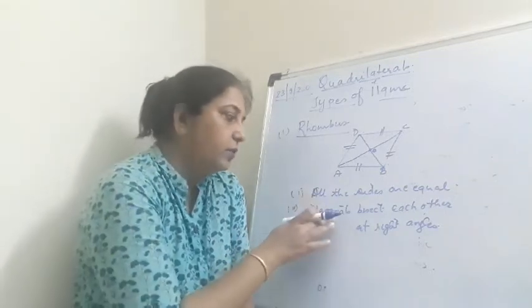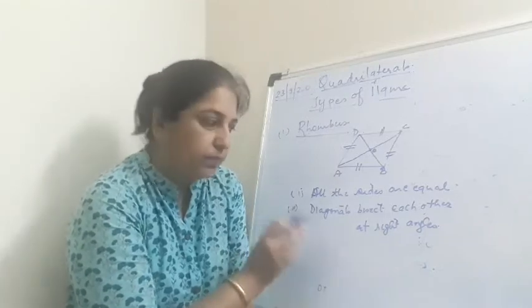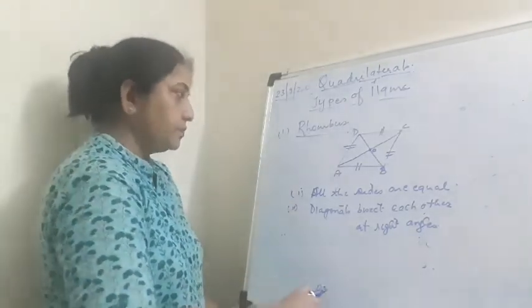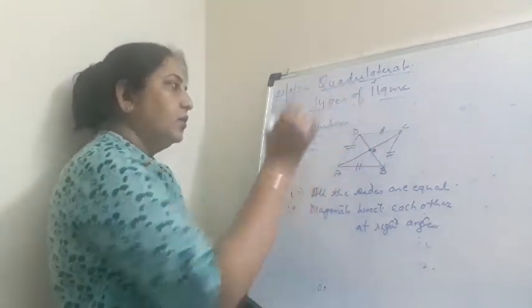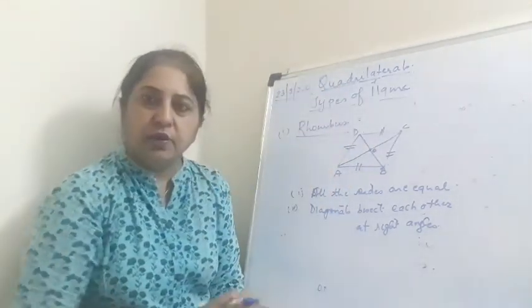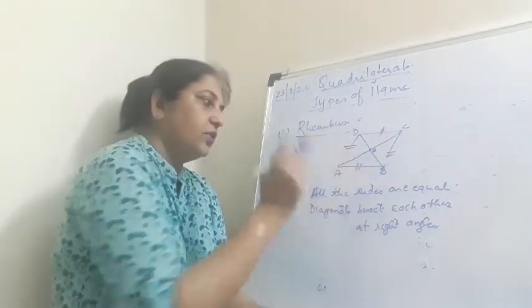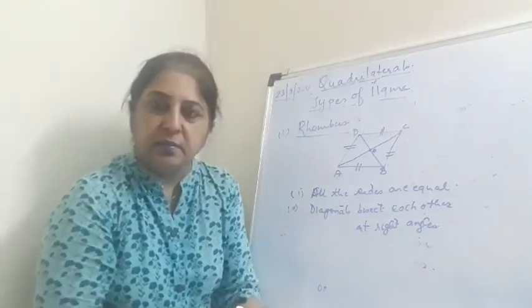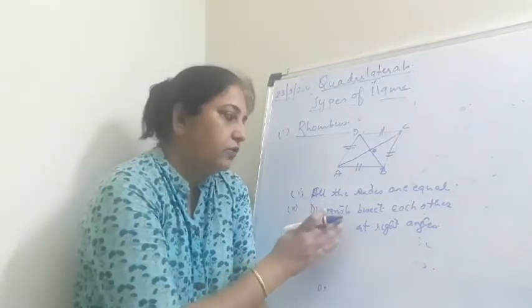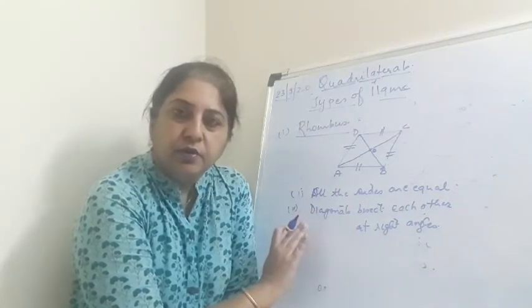So these properties match, hence a rhombus is also a parallelogram. I hope this is clear. How will you define a rhombus? A rhombus is a quadrilateral with four equal sides. It is a parallelogram because opposite sides are equal and diagonals bisect each other, so its properties are the same as those of the parallelogram.